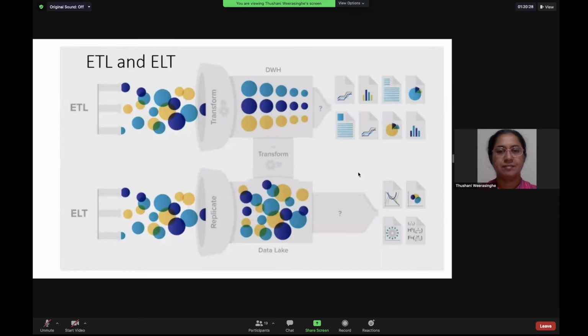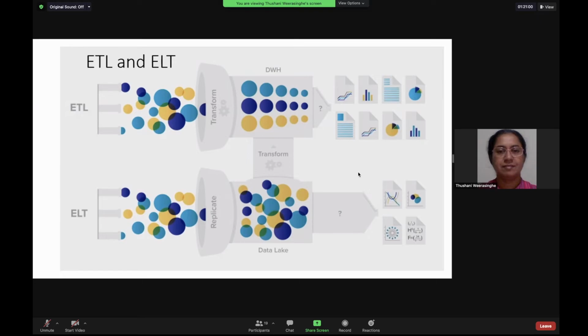Again, I told you earlier that there is ELT as well. You have heard about ETL a lot, where you extract, then transform the data into the correct structures and patterns, and then load it for analytical purposes. So you have the ETL process in the data warehouse.